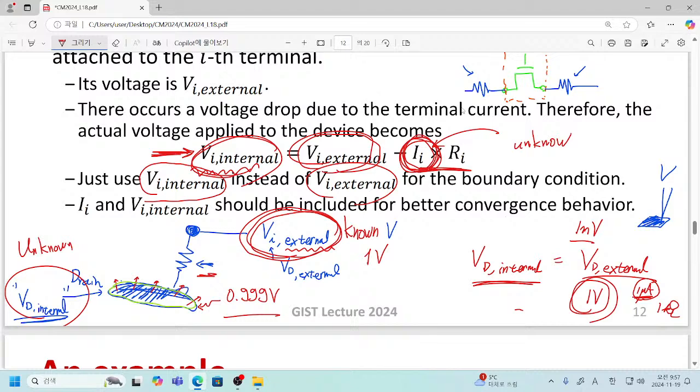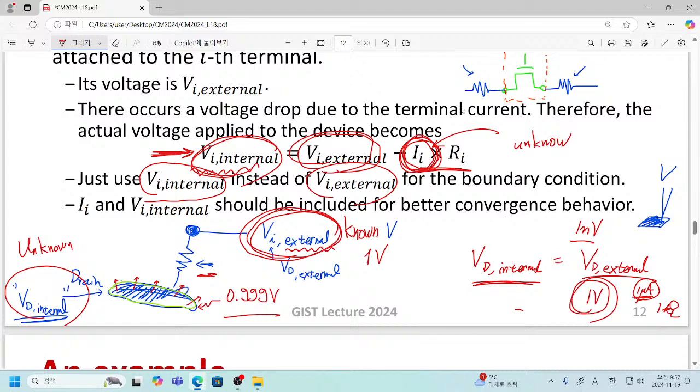But now, when you consider your mixed mode simulation, actually you need to include terminal voltage and terminal current in your solution variables.